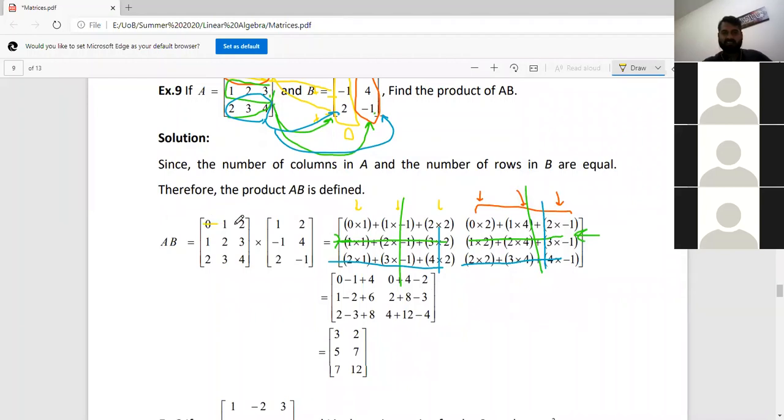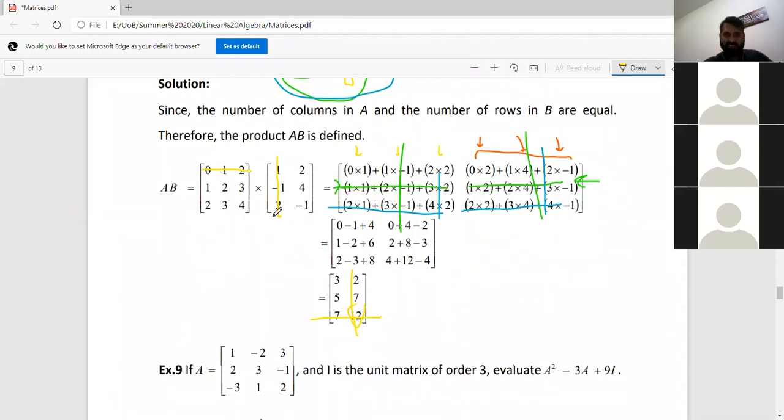So see, first row with first column goes to the first entry. Let's see how we got this 12. This is the last entry, third row, second column. It should come from the third row multiplied by the second column.